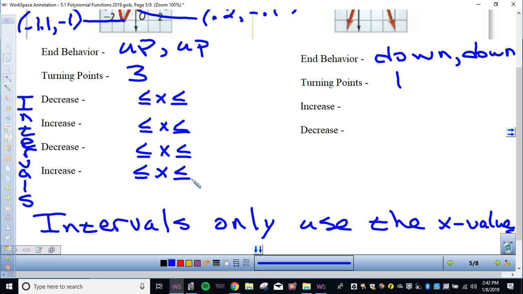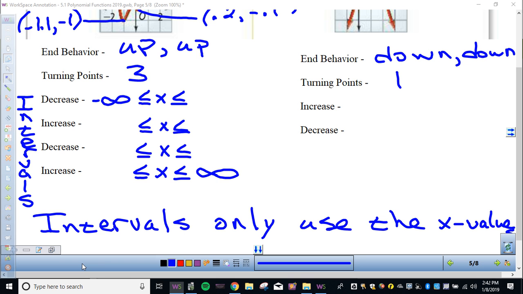We always start now at negative infinity, and we'll talk about that in a second, to positive infinity. So it always begins at negative infinity, goes to positive infinity, unless they specify it's going to go from like -5 to +5. That might happen. So just know that that's a possibility.